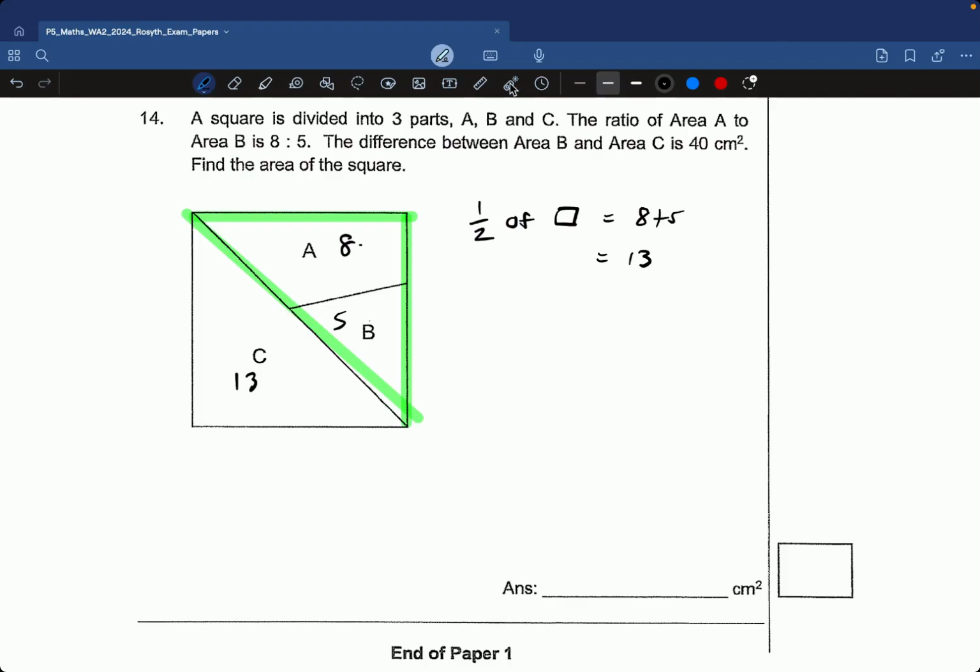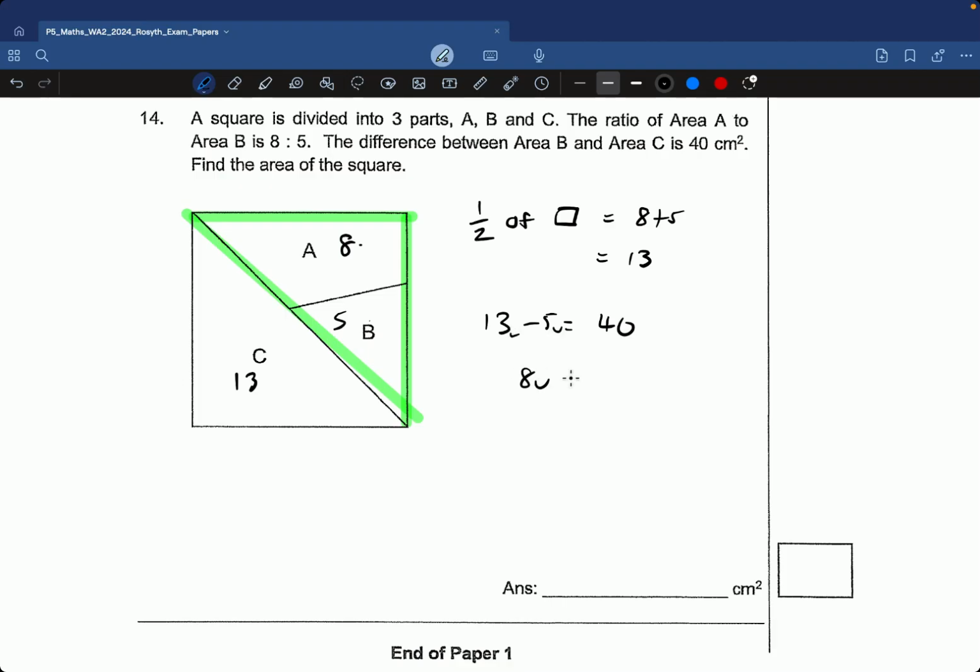Now we also know that there is a difference between B and C. So B over here is 5, and we know C is 13. So the difference between B, which is 5, and 13, so 13 minus 5 units, right?